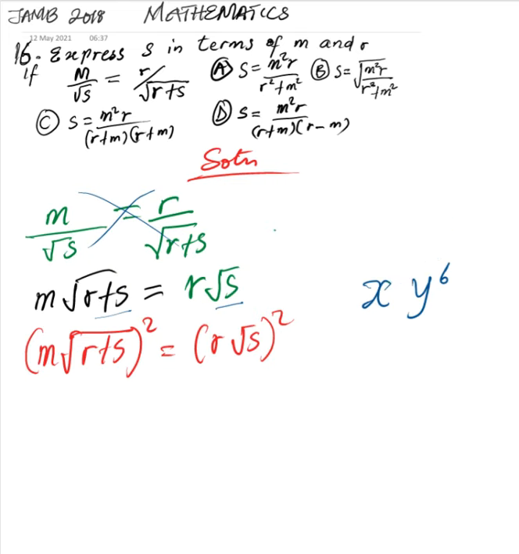Take note of that. So the same way, we have M squared. The square of R plus S is R plus S, since it is in square roots, equal to R squared.